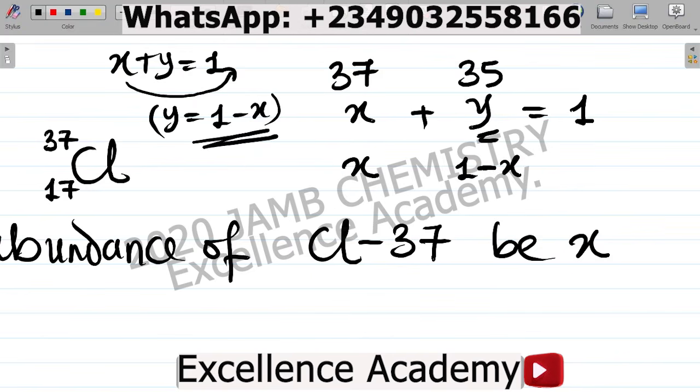All right. So the next thing you do is multiply the isotope by its relative abundance. So 37 times x plus the next isotope, 35, multiplied by its relative abundance 1 minus x, will be equal to the relative atomic mass of that particular element.